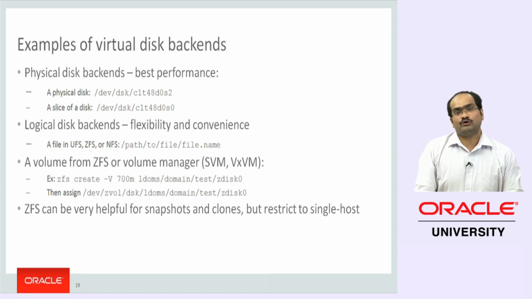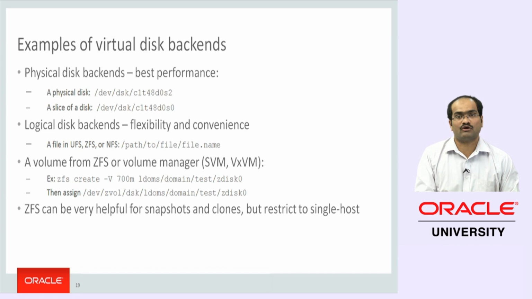Or it could be a logical disk backend, typically a file used as a block device. On ZFS, UFS, or any other file system, if you create a file as a block file, you can offer it to a virtual disk server, which in turn can provide it to the guest domain.